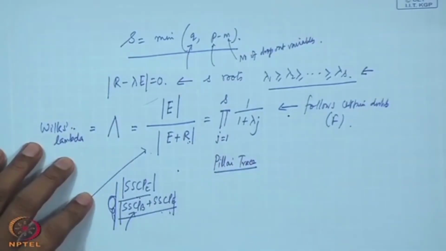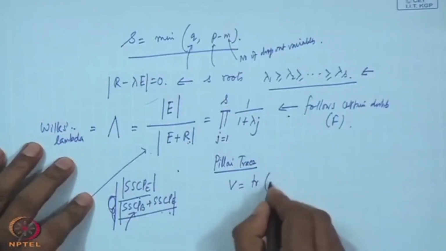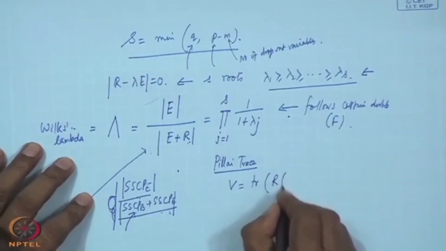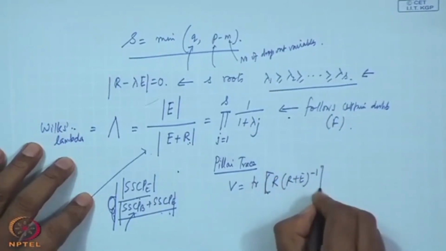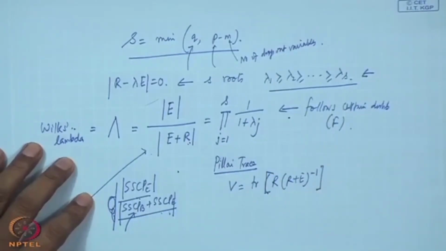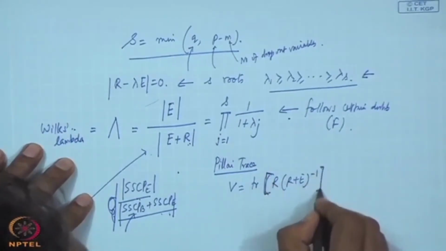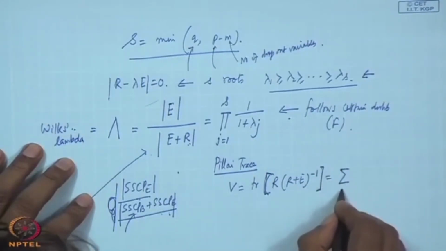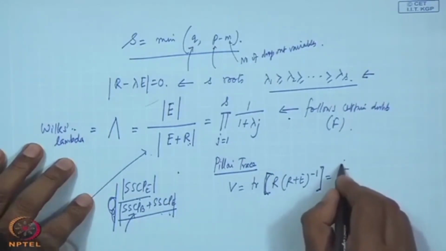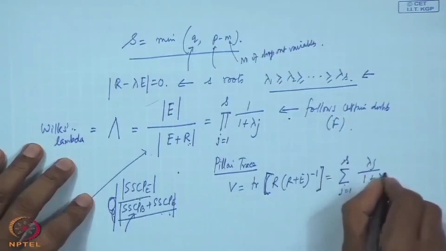It takes V equal to the trace of R times (R plus E) inverse. These are just variants, almost similar under certain conditions, but to get different benefits it is done like this, and this becomes the sum over j equal to 1 to S of lambda j by 1 plus lambda j.